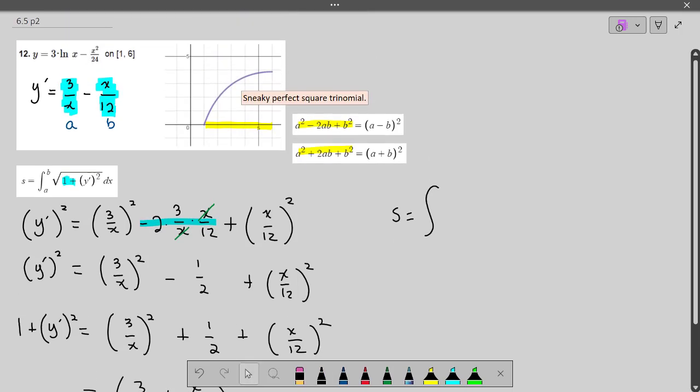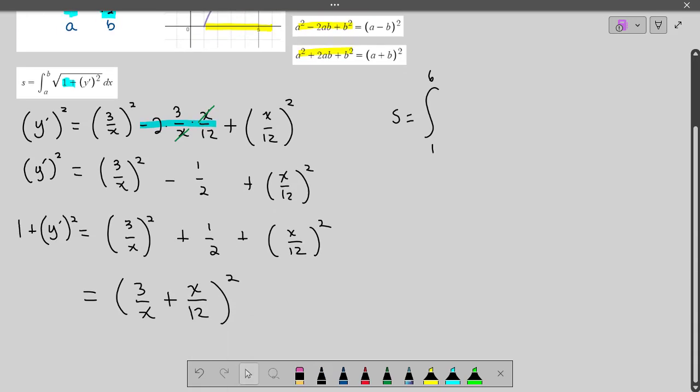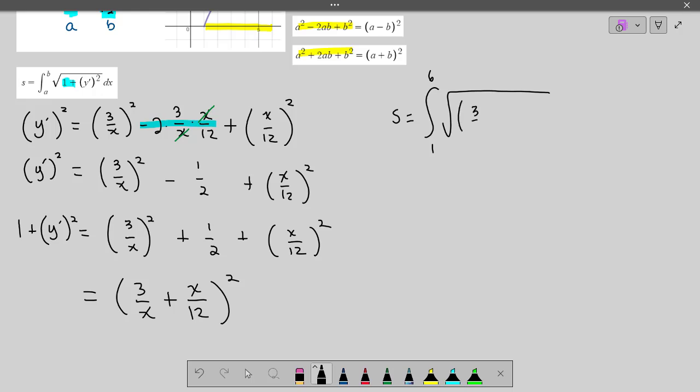Now we're to the point where we have this. So our integral, the x interval is 1 to 6, and the integral of the square root of, we just found that 1 plus y prime squared is this. So we have 3 over x plus x over 12 quantity squared times dx. What happens with the square root of the square? They cancel. They annihilate each other.